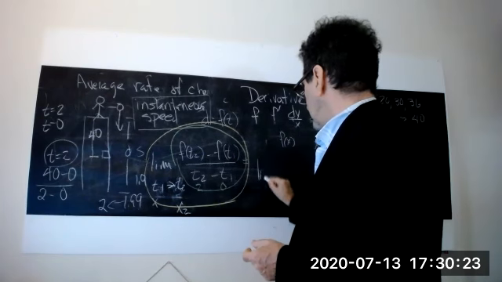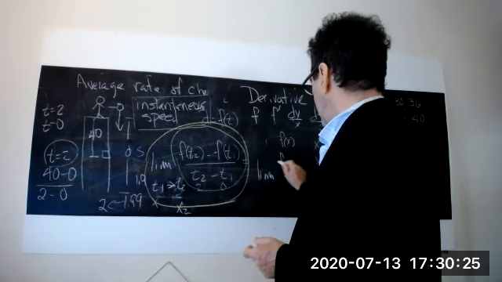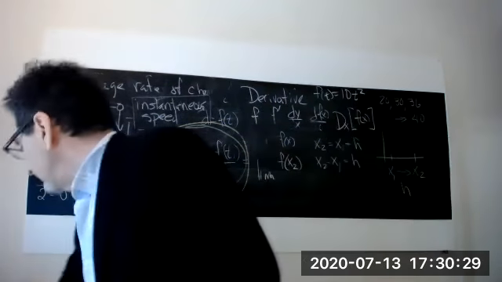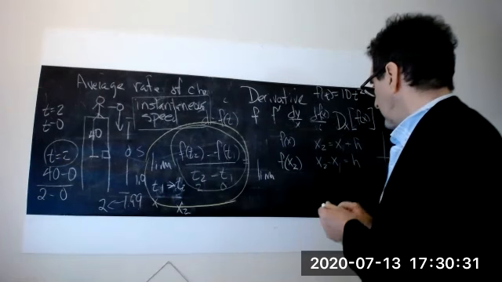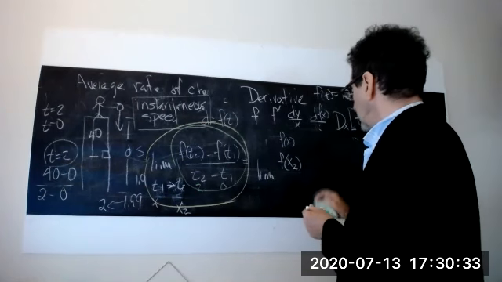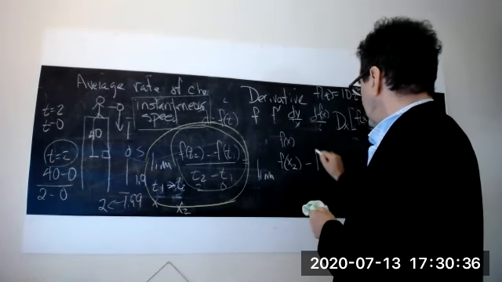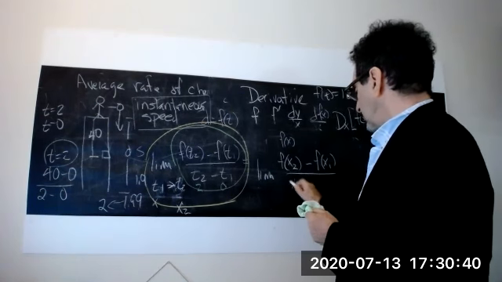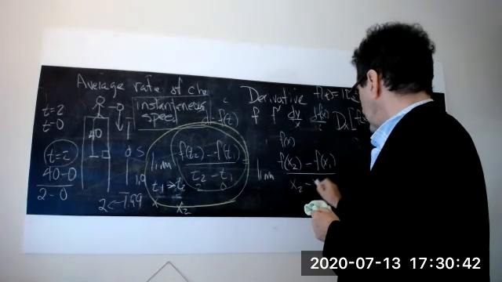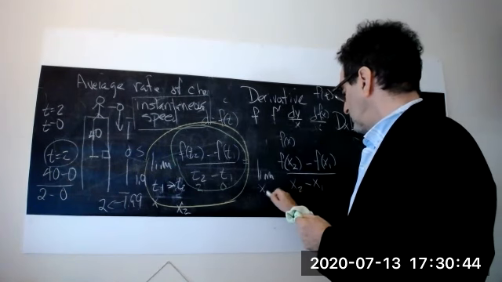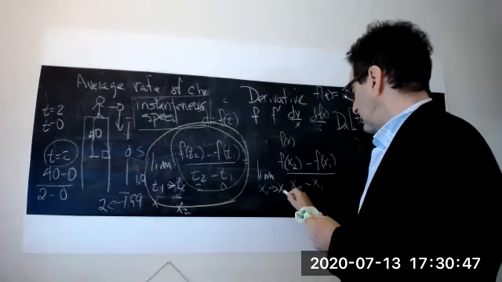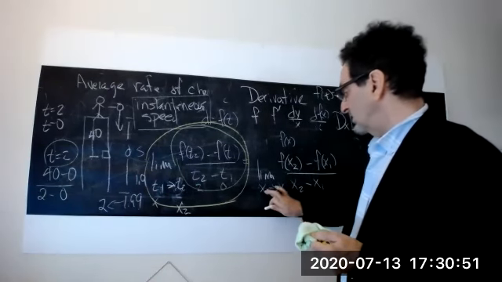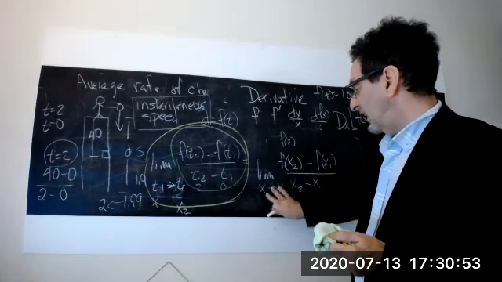So we have the limit of f of x2 minus f of x1, over x2 minus x1, as x1 approaches x2. So that's basically the same thing we have here. And then instead of calling it x1, since it's going to be moving, let's call it x.